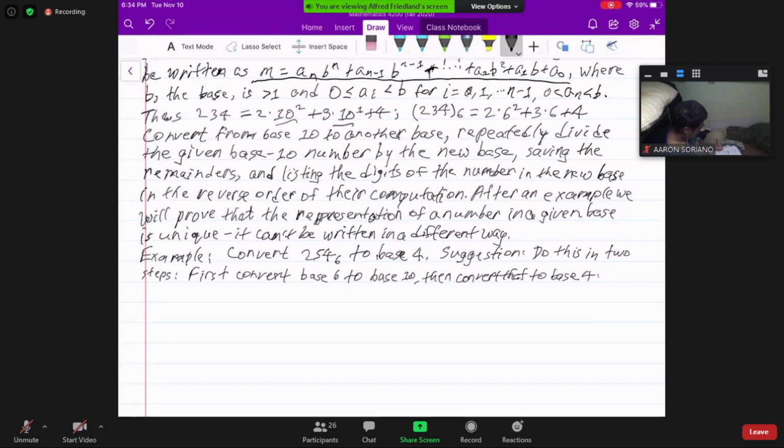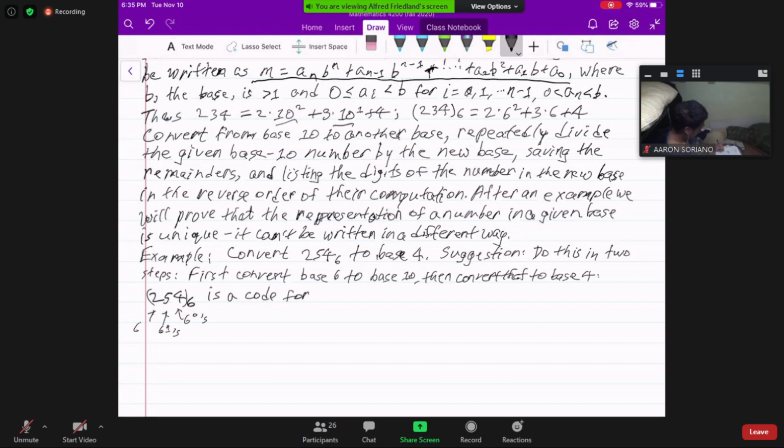So remember, 2, 5, 4, base 6. Sometimes you put it into parentheses. Remember, this is, I called it a code for the number. So again, you have to read from right to left for a number. So this is the number of 6 to the 0th. This is the number of 6 to the 1st.